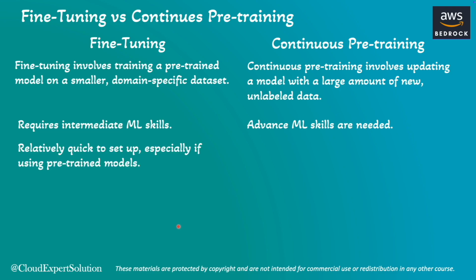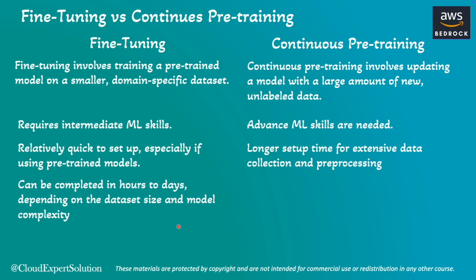Fine-tuning is relatively quick to set up, especially if you are using a pre-trained model, whereas continuous pre-training has a longer setup time because of extensive data collection and pre-processing. Fine-tuning can be completed in hours to days, depending on the data size and the model complexity.